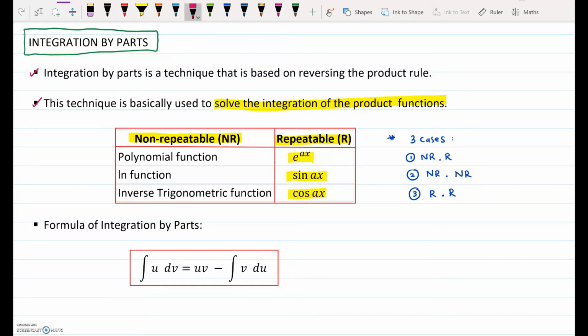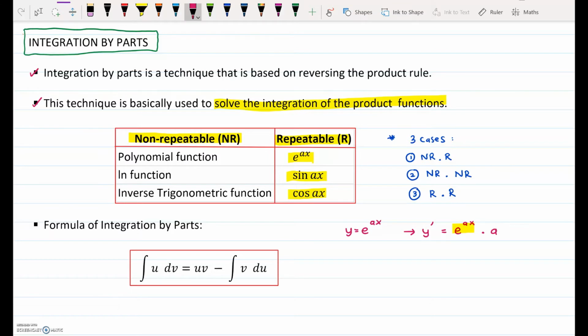For example, if y is e to the power of ax, when you differentiate, your y prime will be e to the power of ax times a. So we get similar terms, in the form of an exponential function.